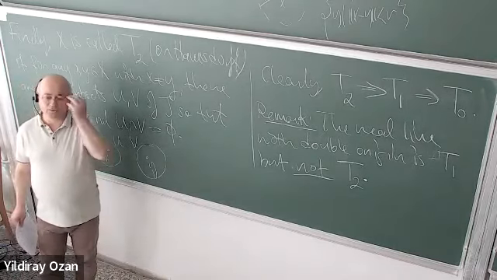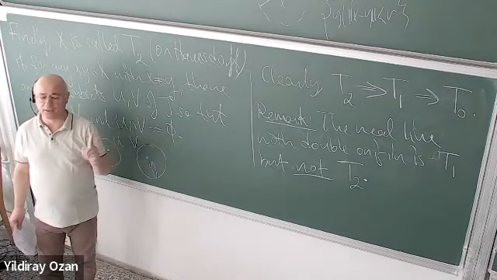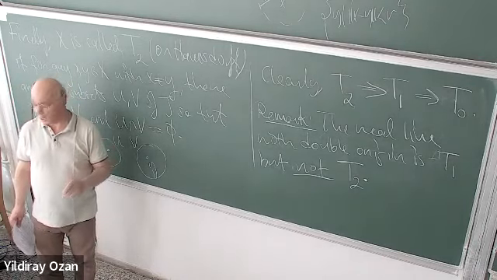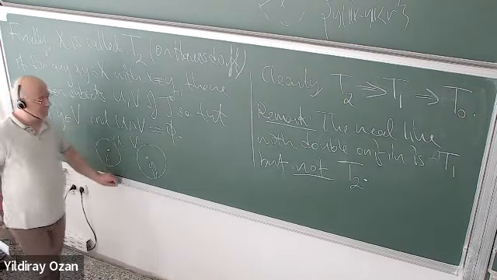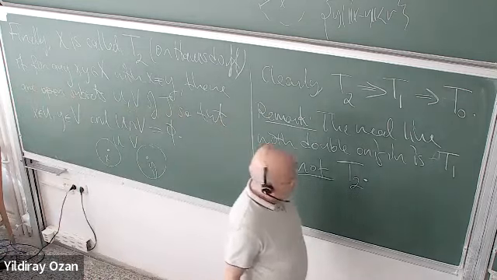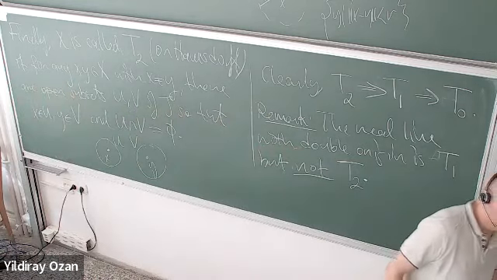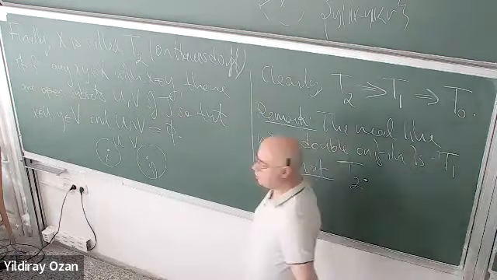T1 olup da T0 olmayan, pardon tersine T0 olup da T1 olmayan uzay, o neydi? O da basit bir şeydi ama şimdi hatırlamıyorum. Finite topoloji bulamıyorsun galiba da. Neyse şimdi hatırlamıyorum.